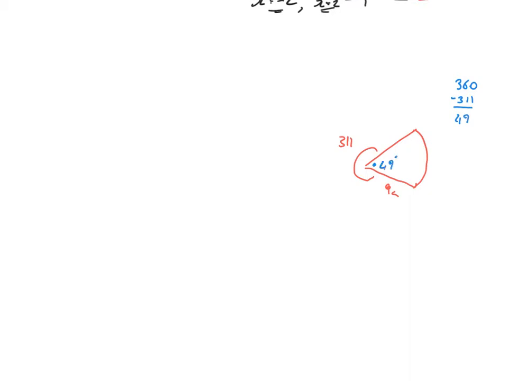I have to find the area of the sector, so the area of the sector is a bit of pi r squared, and the bit is 49 out of 360 times pi times the radius squared. The radius is 9, so it's times 9 squared. Punch into the calculator and you'll get 34.6 square centimetres.